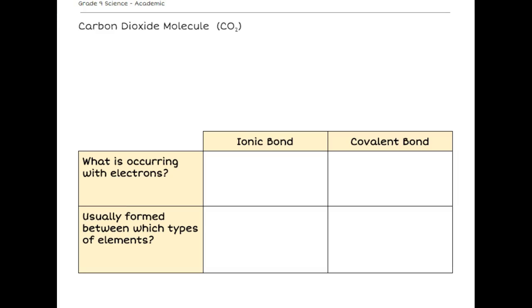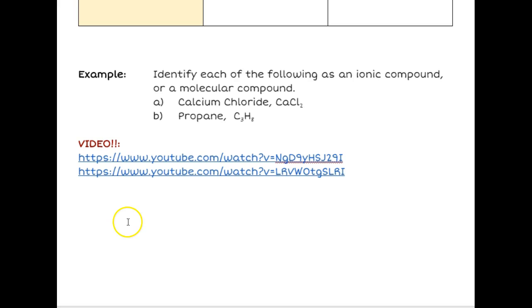Do your best, try to work through this. If you're struggling, we will take it up as a class. And then if you can, I'd like you to move on to the questions at the bottom of the sheet as well. Here they are. And if time permits and you want to see some of this in a little bit more depth, then here are 2 suggested videos that will help you out.